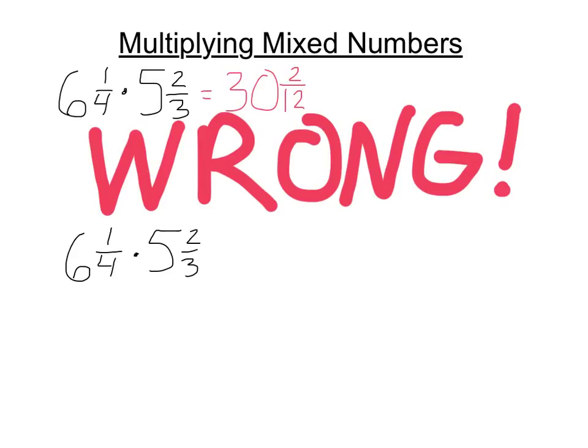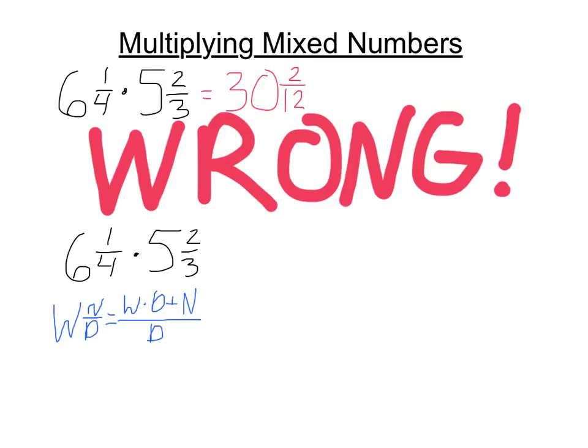So we need to remember from a previous lesson our formula. If I have a mixed number, which is made up of a whole number, a numerator and a denominator, this equals the whole number times the denominator plus the numerator, all over the denominator.